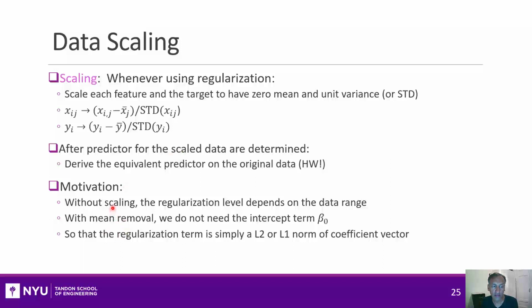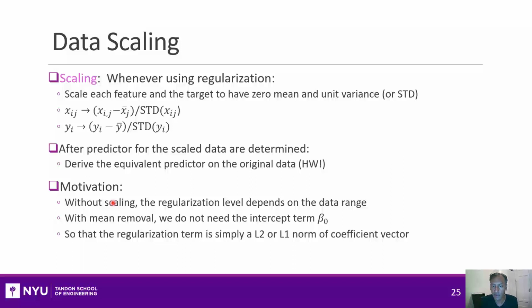And the reason is that if you don't apply scaling, the regularization will depend on the data range. So for example, if you had one coefficient that was very large, let's say a housing price, which could be in the hundreds of thousands of dollars, and you had another variable like number of bedrooms, which maybe is between 1 and 4, then if you start to regularize these without scaling, the housing price will dominate, and the regularization would have very little effect on the number of bedrooms.